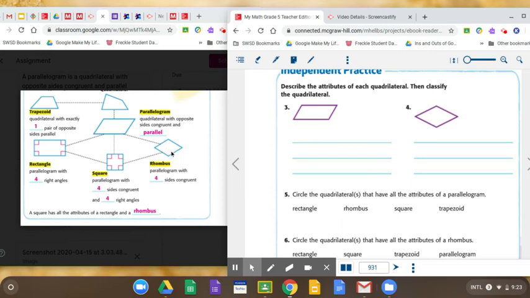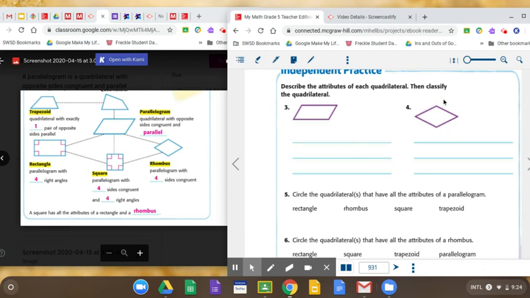All four sides are not the same, so it's not a rhombus, and it's definitely not a trapezoid because it has more than one pair of opposite sides. So you would classify this shape as a parallelogram. You would write all of those attributes out. That has opposite sides that are congruent and parallel.